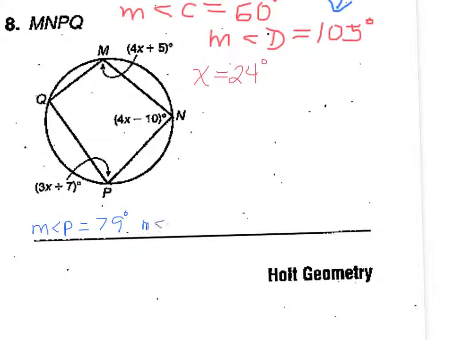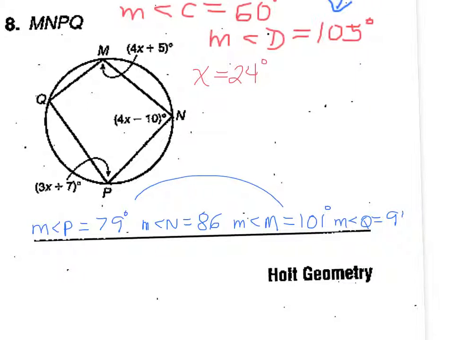The measurement of angle N is 86, is right. The measurement of angle M is 101. And notice that these two are supplementary, so the last one, the measurement of angle Q, should be 94, which is supplementary to this one.